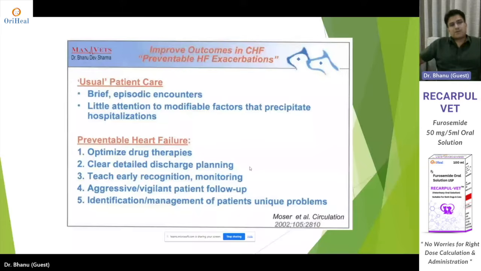Diuretics for optimal management. Once these cases which come to you in CHF in dying states are stabilized for long-term management, you think about furosemide, you think about ACE inhibitors, which is benazepril, you think about pimobendan when it comes to dilated cardiomyopathy, you think about even nutraceuticals like we have Tauretin Plus from Oriheal, carnitine, taurine.